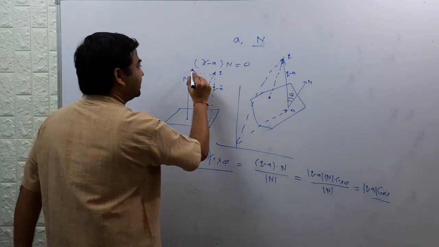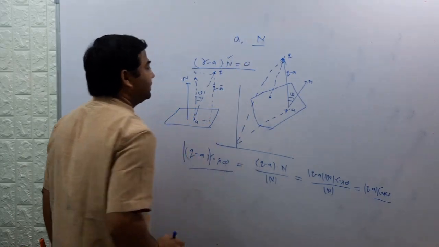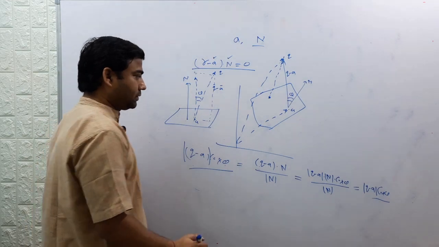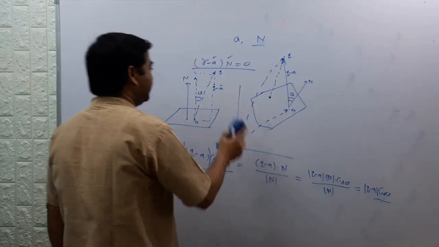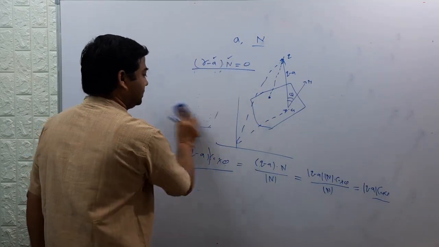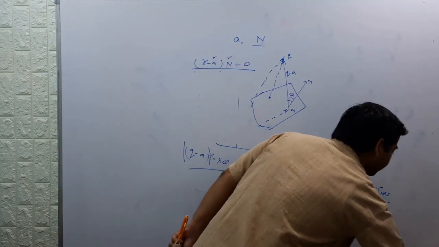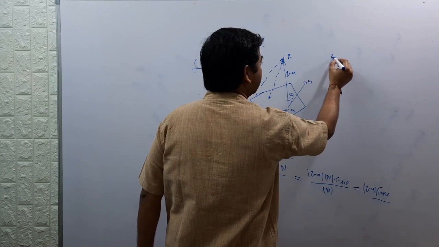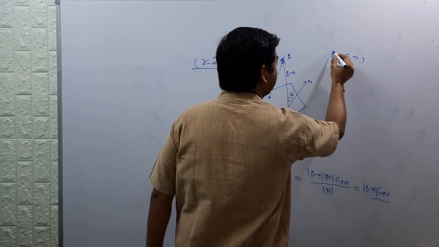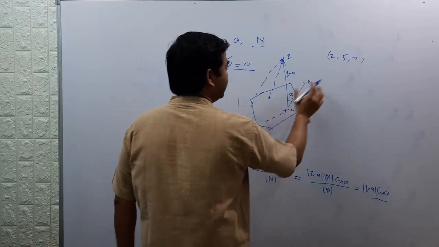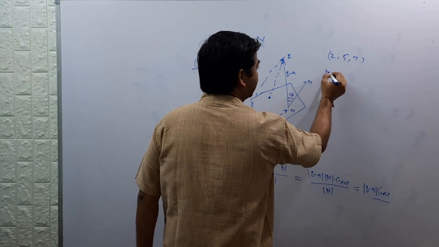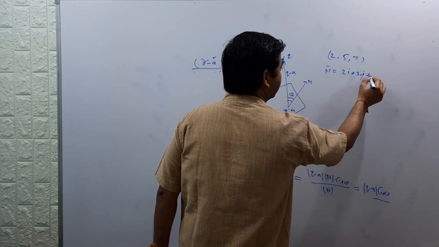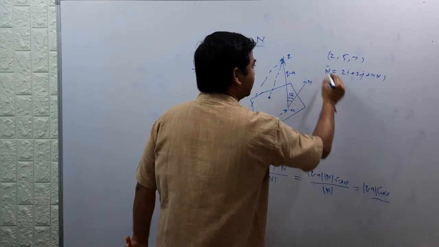So for this, vector N is the perpendicular vector, which is known, and A is a known point. We will take an example to illustrate this. There is a plane which passes through the point 2, 5, 7, and this plane is perpendicular to vector N, which is given by 2i plus 3j plus 4k.